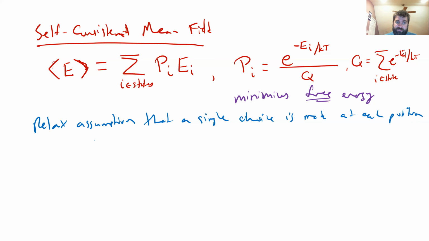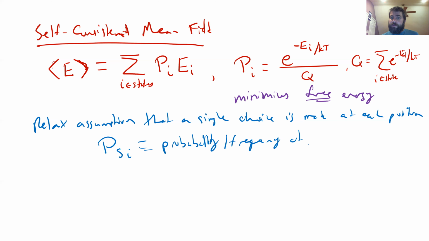What we're going to define is P(S_i) as the probability or frequency of choosing or observing S, rotamer S, at position i.